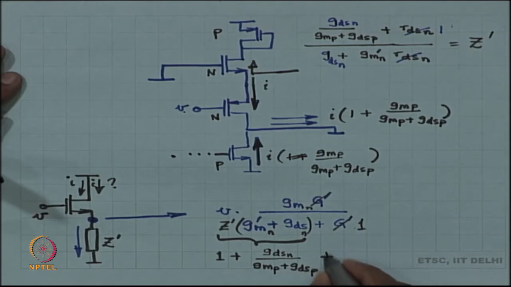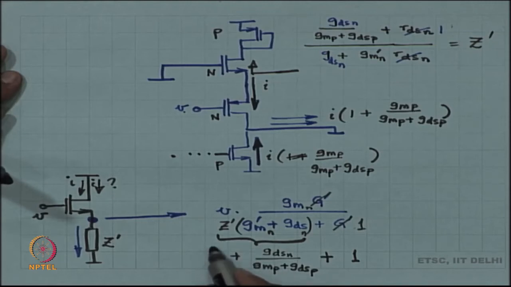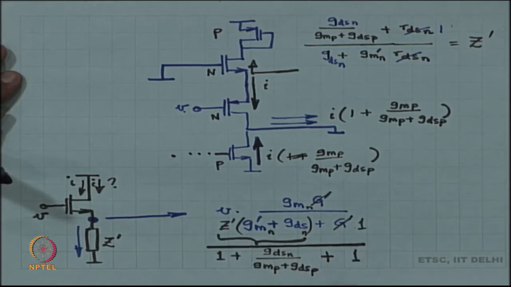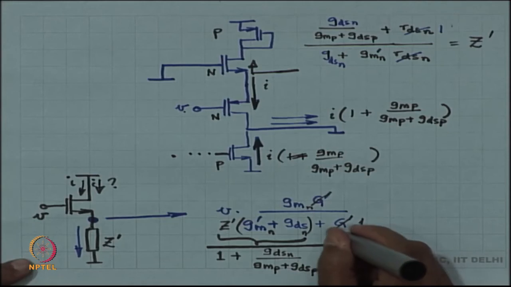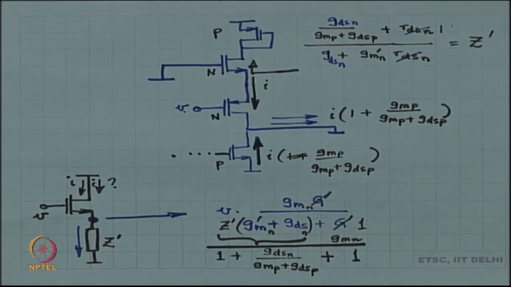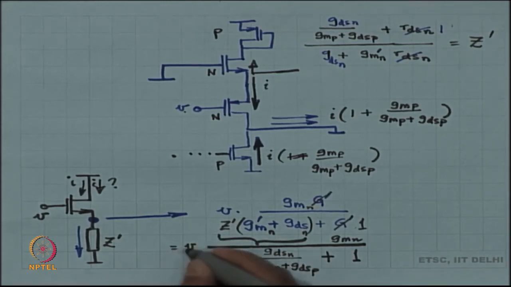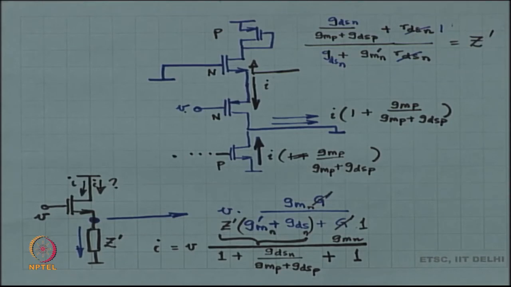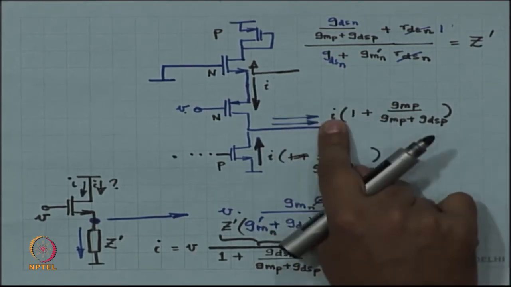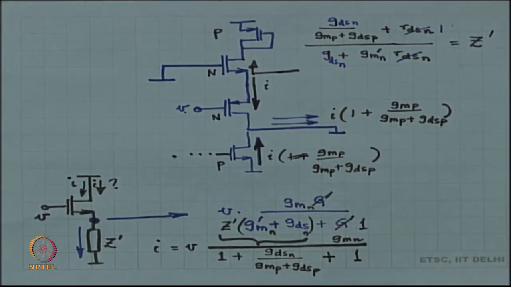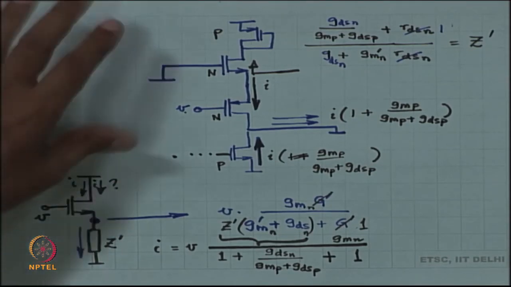And then you have got 1. Okay. So, this is my I, but my final short circuit current is I times 1 plus so much. Okay. So, let us write it out.